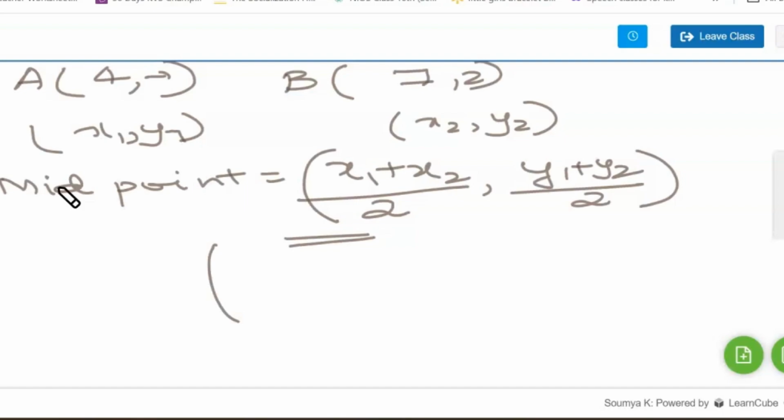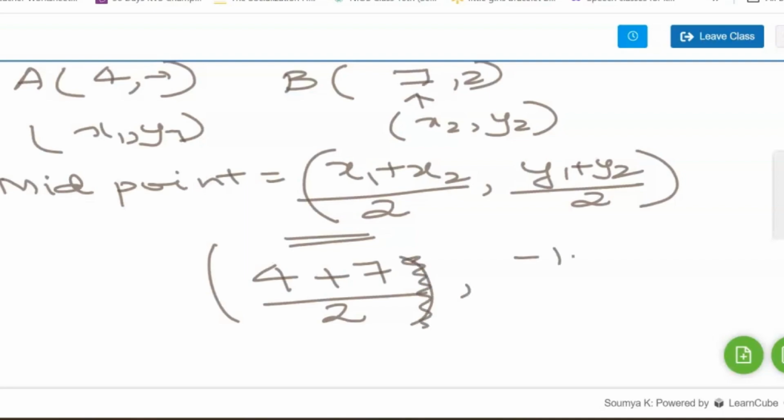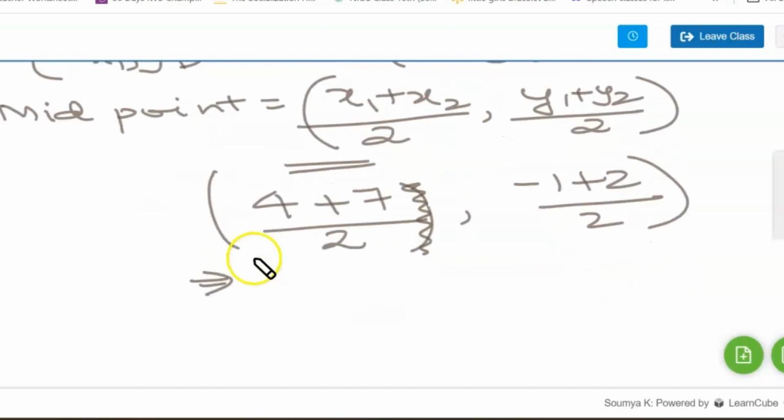In this one, your x1 is 4, so write 4 plus x2 is 7. We have already plotted those things here. Now divide by 2, and here you have to write -1 plus 2 whole divided by 2. So these are the coordinates of the point. Then we have to solve this and find out what will be the solution.